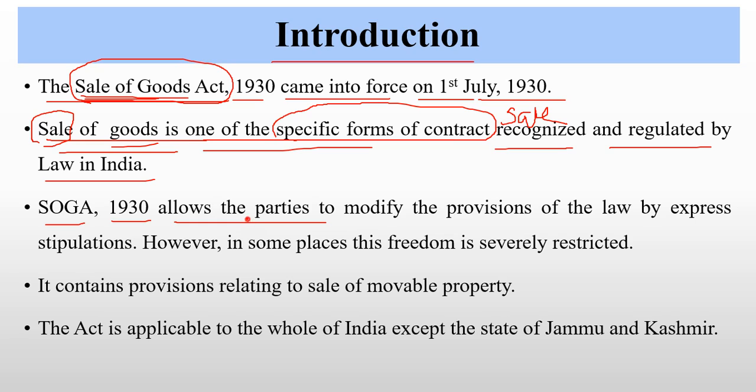1930 allows the parties, meaning the buyer and the seller, to modify the provisions of law by express stipulation. This means there is some freedom given to the buyer and the seller to modify some provisions relating to certain terms, like delivery of goods, payment of price, etc. But in some places the provisions are strict, and the buyer and the seller have to follow the act only.